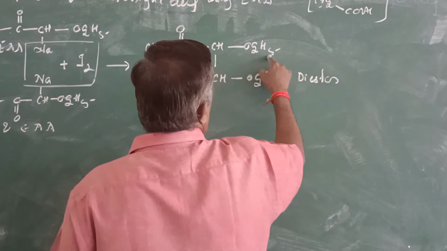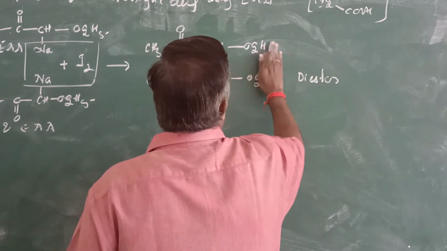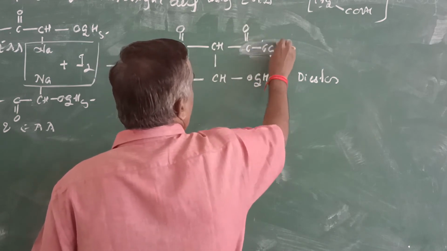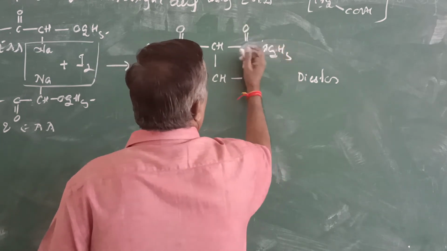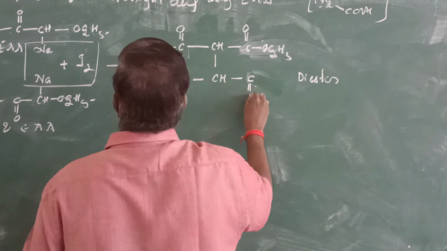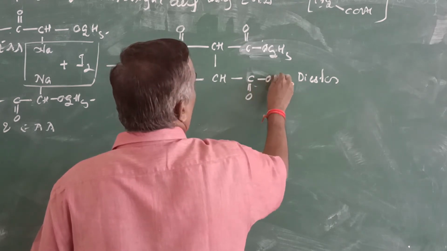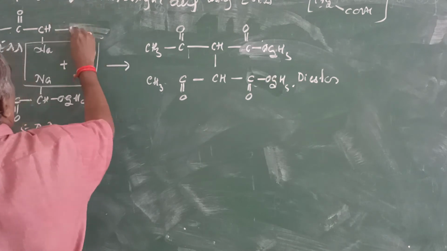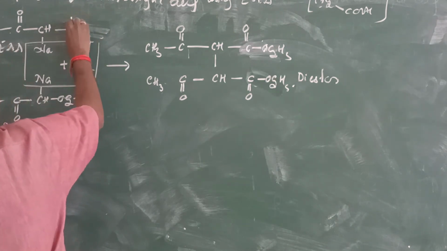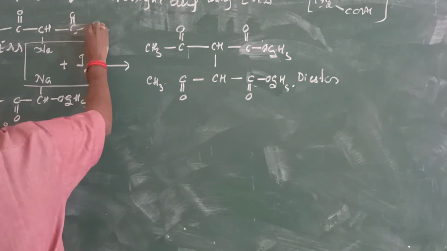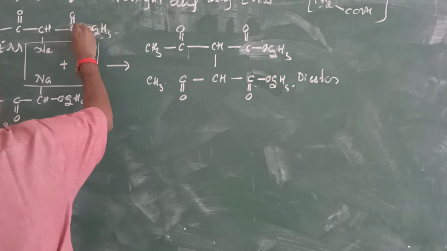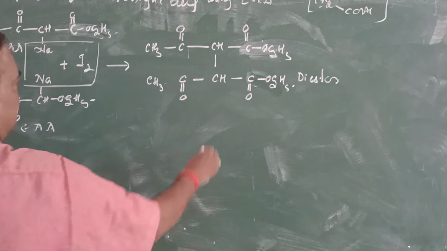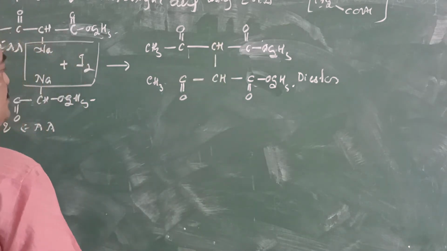Diester. In a hurry, I just missed this carbon. Right? So now you can see a diester where the two molecules are joined with each other.